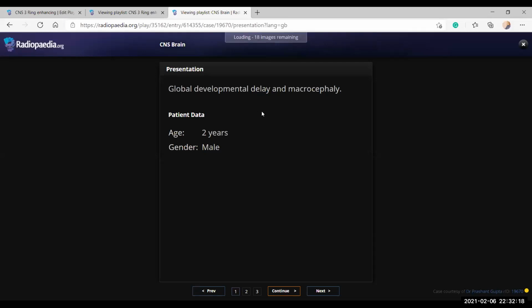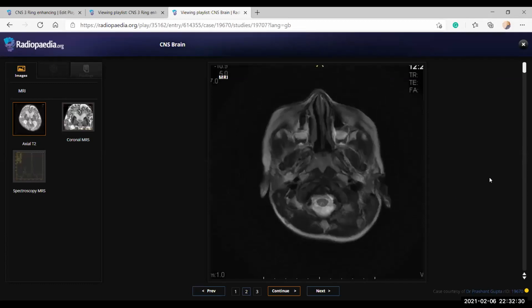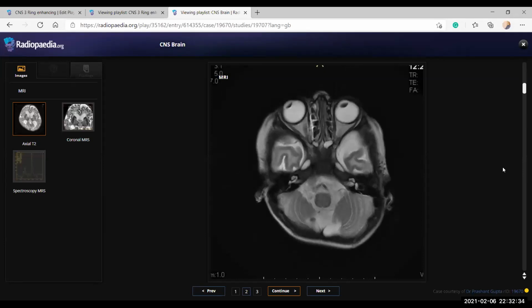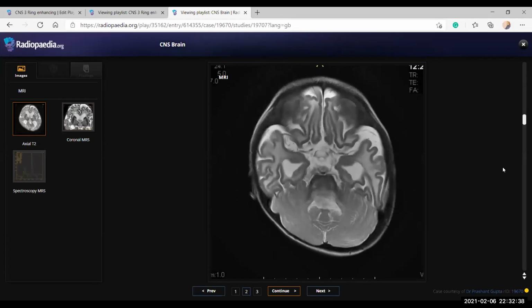Global developmental delay and macrocephaly in a 2 years old male. Okay. I'm presented with a multiplanar multi-sequence MRI of a 2 years old who presented with macrocephaly and global developmental delay.